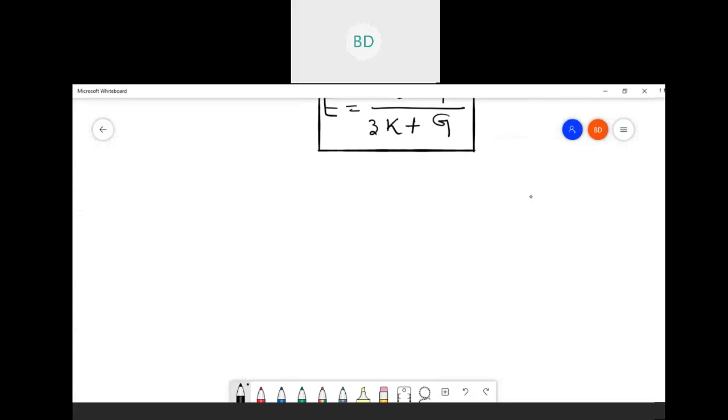So now we'll deduce the mathematical definition of strain.